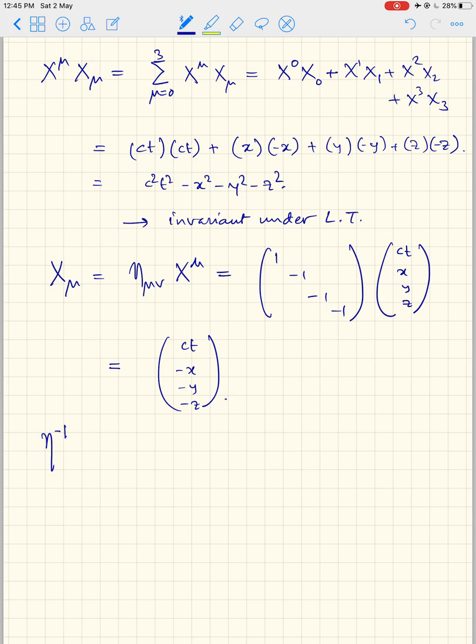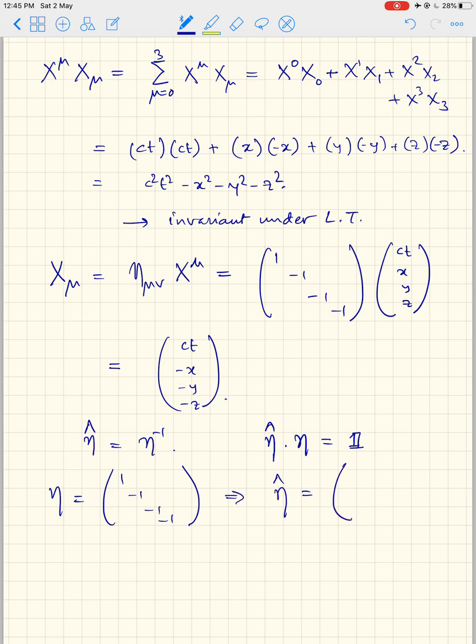Let's define something called an eta hat, which is eta inverse. So eta hat into eta is equal to 1. Now eta is 1, minus 1, minus 1, minus 1. So this implies that eta hat is also going to be 1, minus 1, minus 1, minus 1. Okay, this is a diagonal matrix. This should be very clear to you.